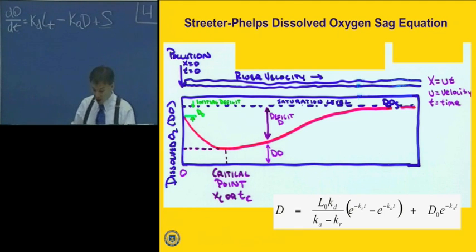Okay, so our equation does change. Our sag curve as a function of distance changes. Essentially, we add a term for sediment oxygen demand.